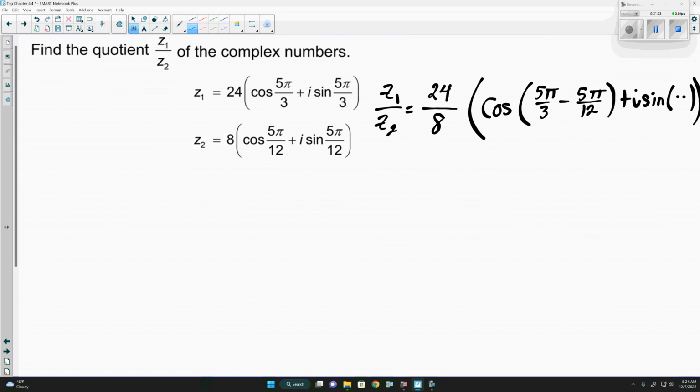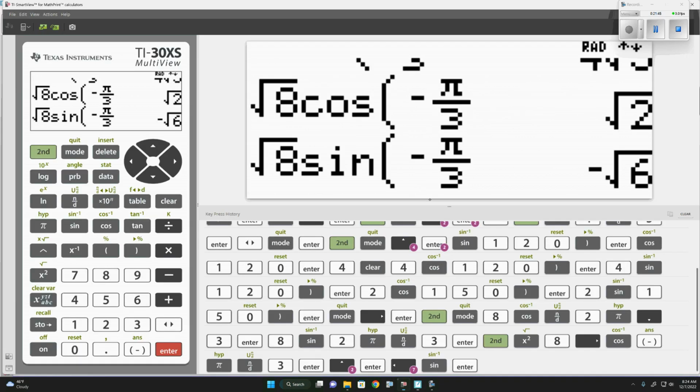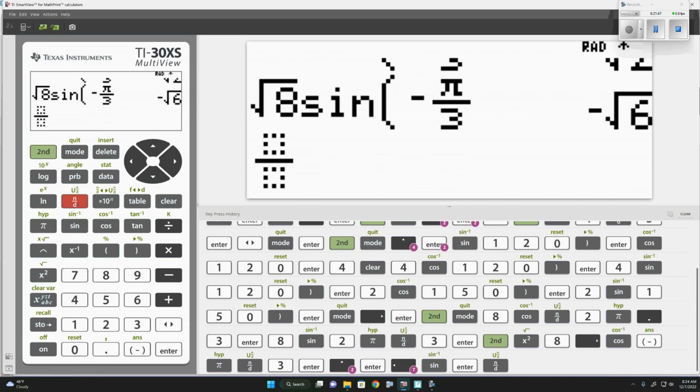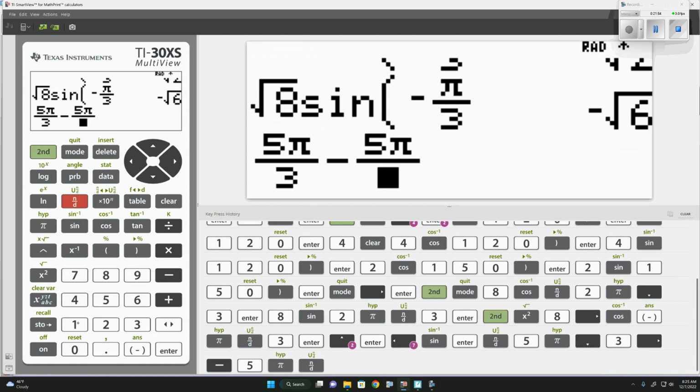Now for this here, 24 over 8 is nice because it works out to be the whole number 3. Now trying to do 5 pi over 3 minus 5 pi over 12, I'm just going to grab a calculator. 5 pi over 3 minus 5 pi over 12. You're good? 5 pi over 4.